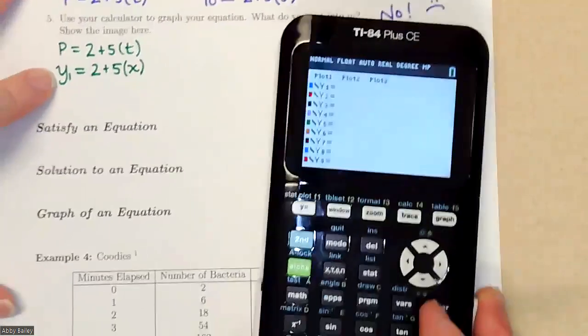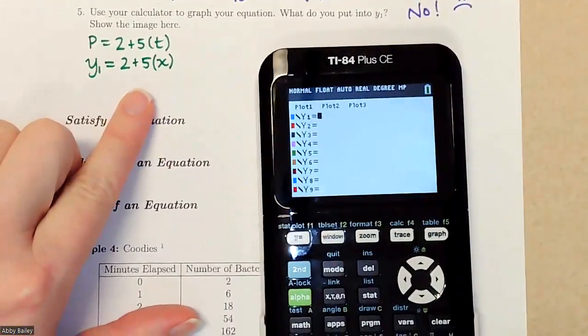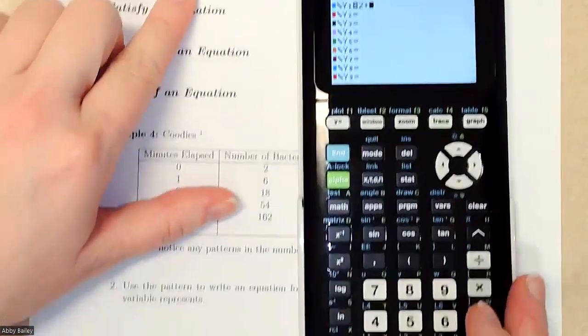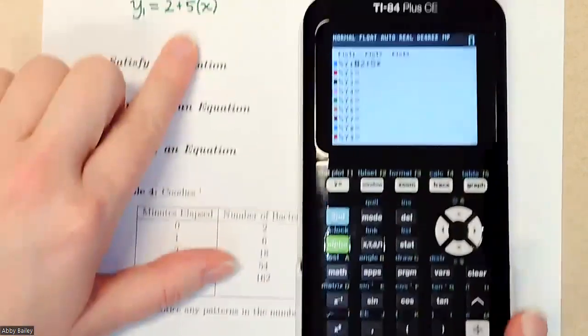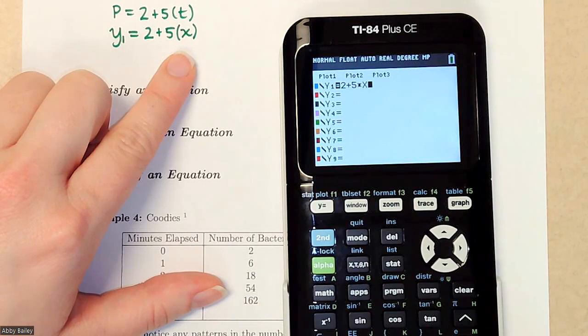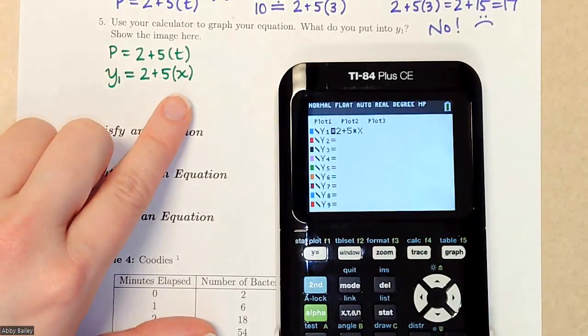So in Y1, press Y equals, and then we will press 2 plus 5 times, and now X is right here under mode. Okay, enter. All right, got it. But now we need to graph this.